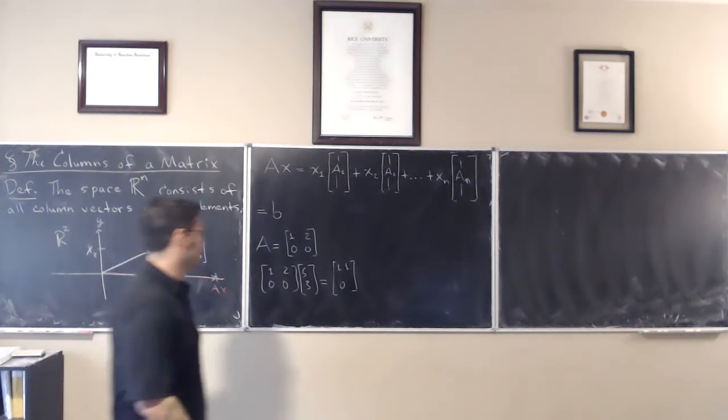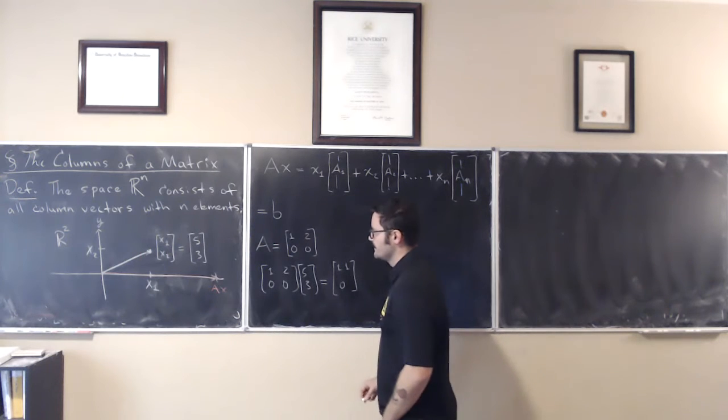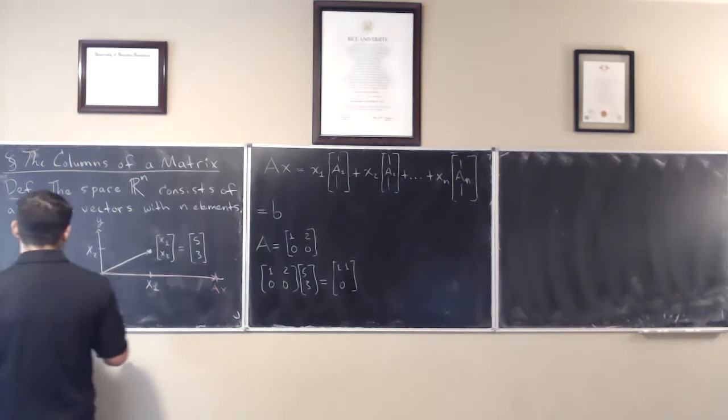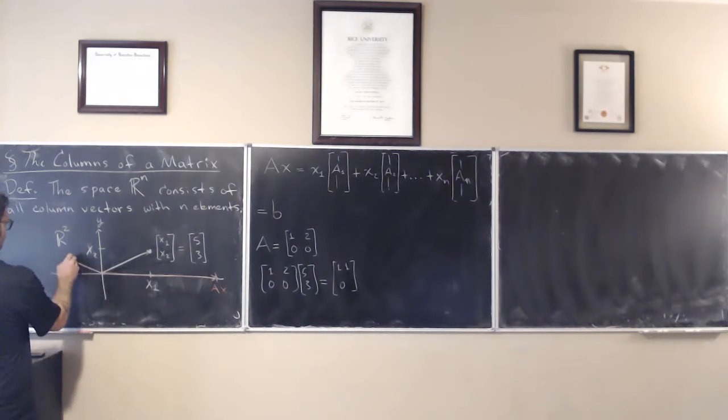What about if we multiply another vector? Suppose we call this vector q, and maybe that's -3, 2.